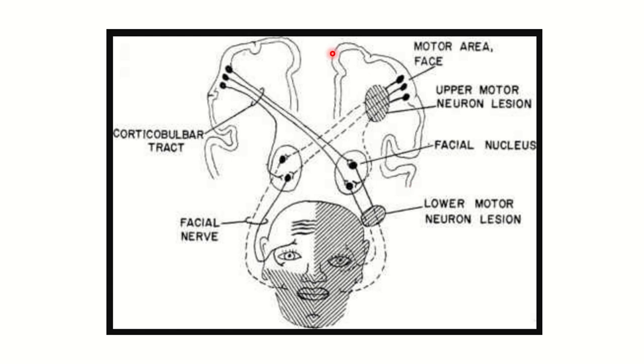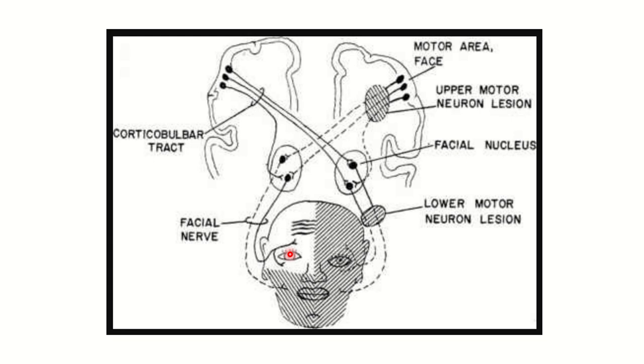In this figure, we can see the upper motor neuron extends from here up to here, but the lower motor neuron extends from this nucleus up to the base. So this is in short about the upper motor neuron and lower motor neuron.